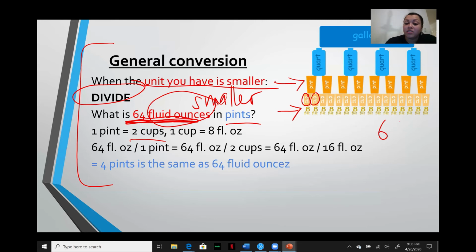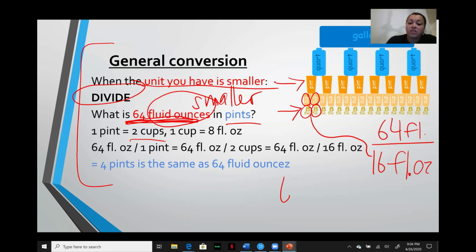So again, I have 64 fluid ounces. And for each pint, there's 2 cups. And 2 cups means 16 fluid ounces because each cup has 8. So I'm going to divide it by 16 fluid ounces. So if I have 64 divided by 16, 16 fits into 64 4 times.